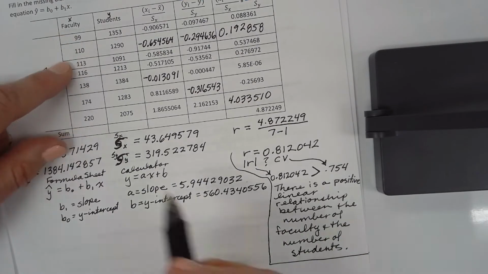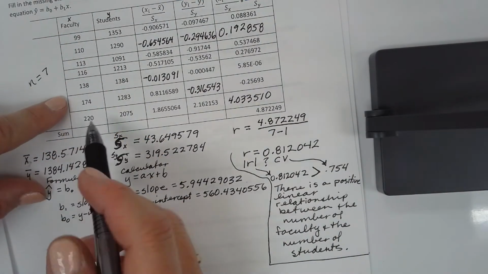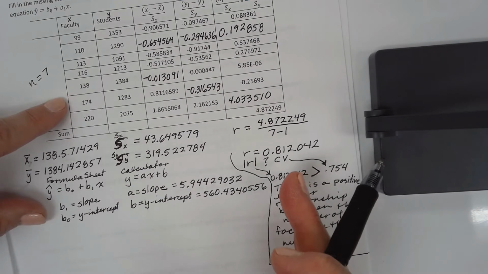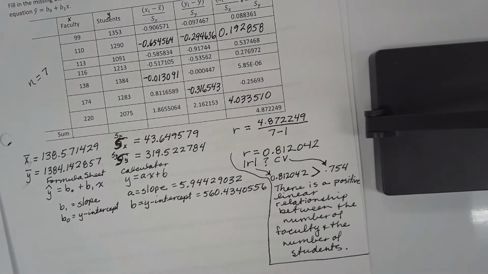Okay? So that means as the number of faculty gets higher, the number of students also gets higher. As the number of faculty gets lower, the number of students also gets lower. Does that make sense? Okay.